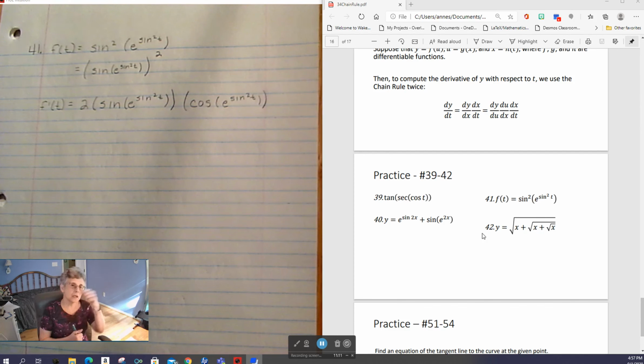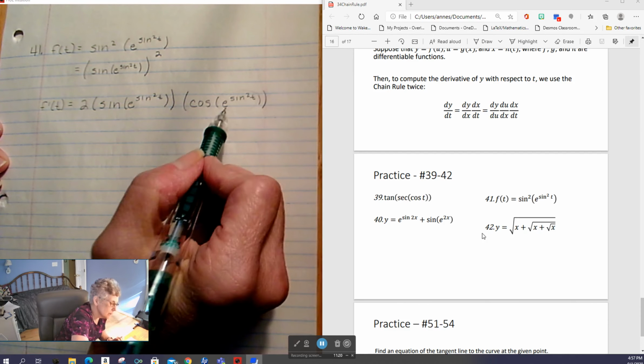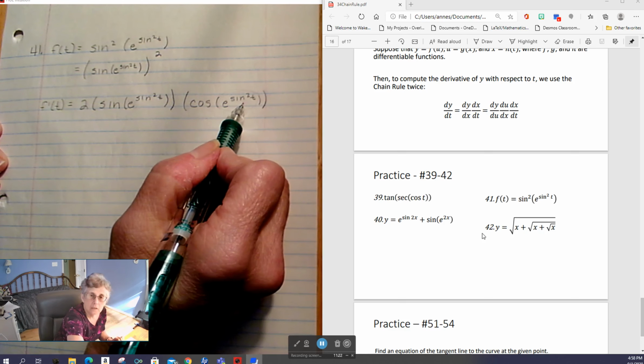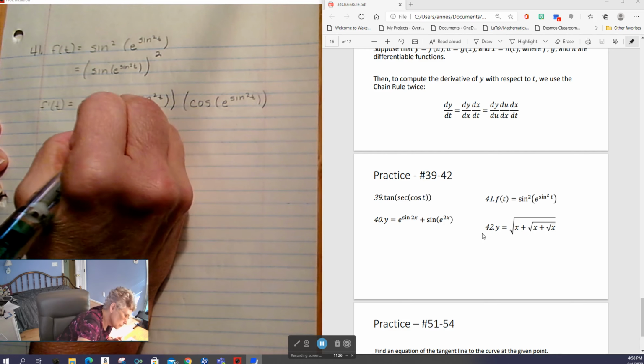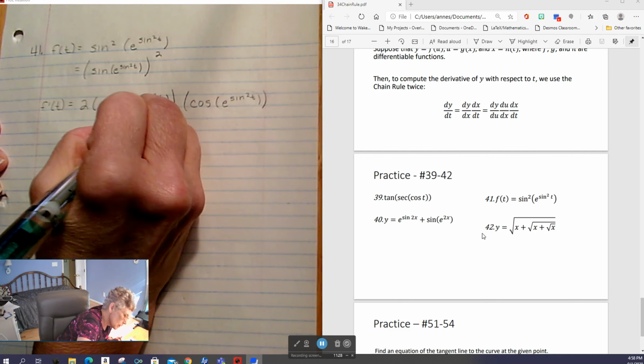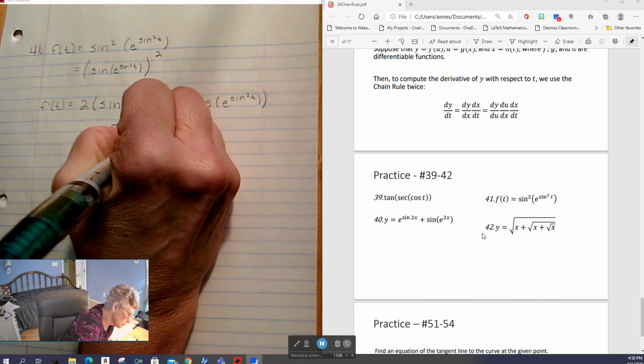So far I've taken care of the squared, I've taken care of the sine. Now I'm ready to look at this inside function here, which is e to the sine squared of t. So e to the sine squared of t, and all of this is multiplied together. I just write too big to get it on one line.